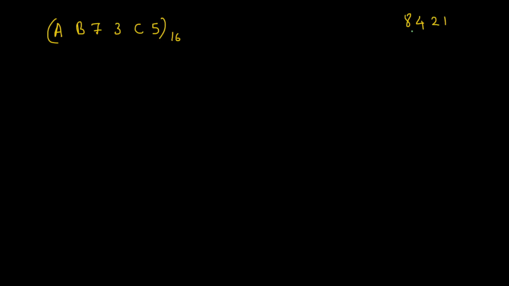If you wonder how we got these numbers, if you have 1111 in a binary system, the location of the first digit is 2 power 0, then 2 power 1 for the second one, then 2 power 2, and then 2 power 3. So 2 power 0 is 1, 2 power 1 is 2, 2 power 2 is 4, and 2 power 3 is 8.